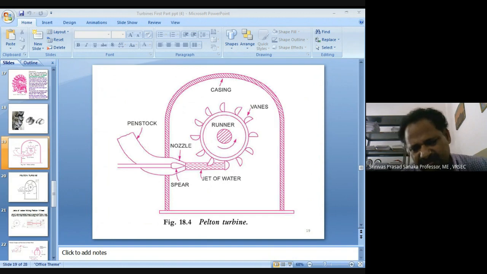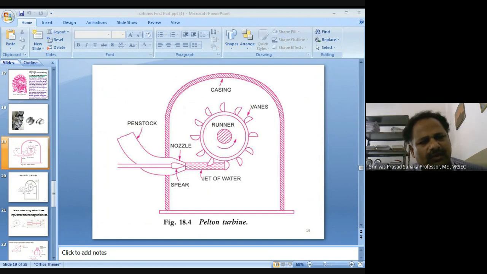As you know, the load on the hydroelectric power plant is not constant, it varies from time to time. For example, morning time utilization of power is different from night time. So in a day, sometimes you need more power, sometimes less power from the turbines.